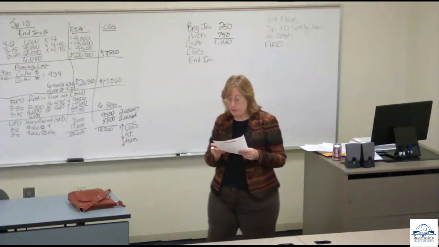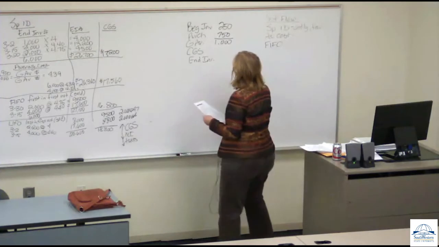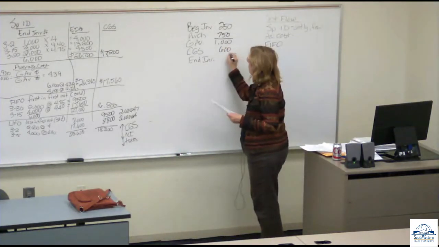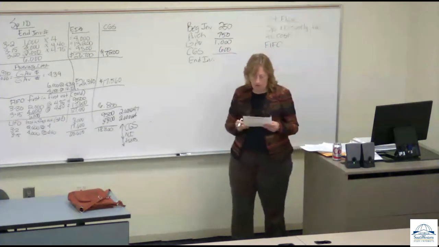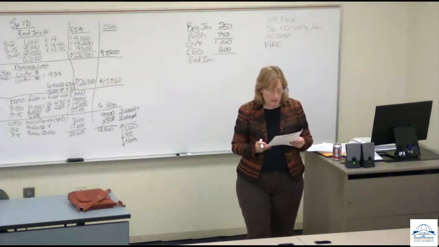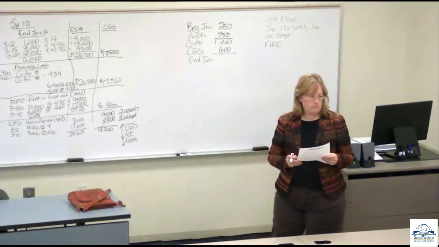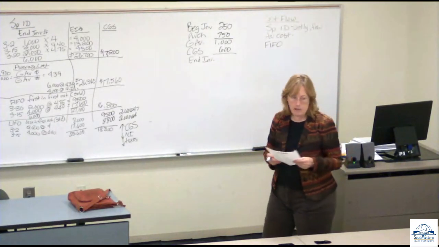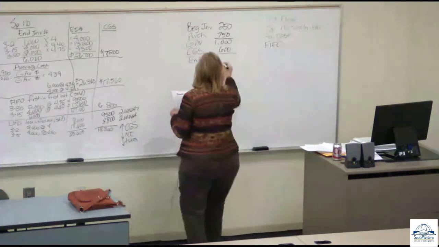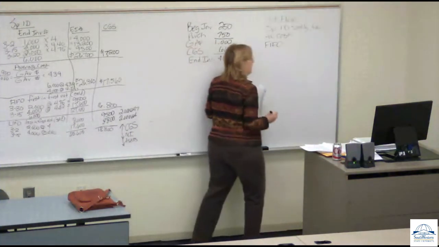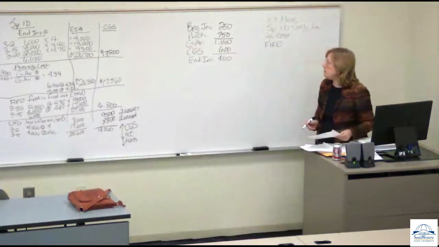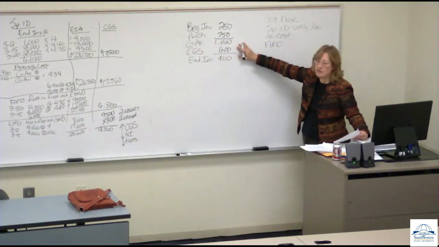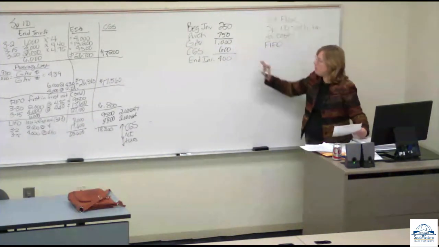For April, the company sold 600 units. See that? 600. Cost of goods sold. So our ending inventory is how many units? Jeremy? You got it? How many units? 400, right? Okay. So what we're going to be trying to do here then is allocate our cost between cost of goods sold and ending inventory, right?